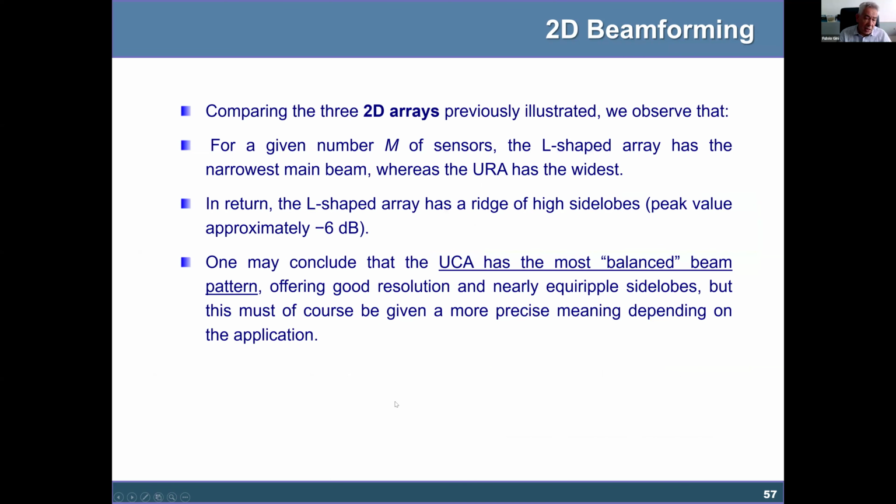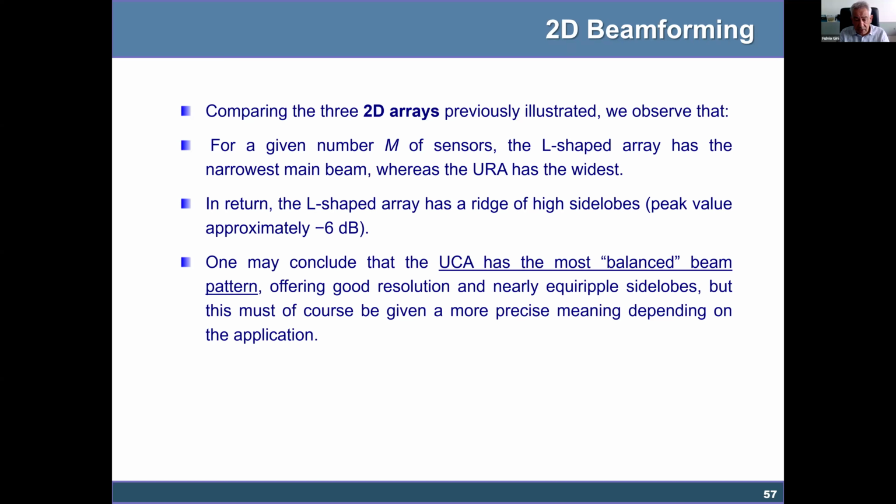So, if you compare these three structures, you can say the L-shaped array is the best from the point of view of resolution, but it is the worst from the point of view of side lobes. The URA, uniform rectangular array, is the best in terms of side lobes, but the worst in terms of resolution.